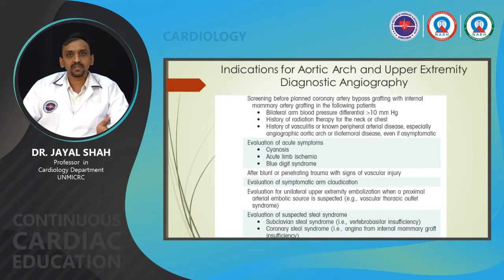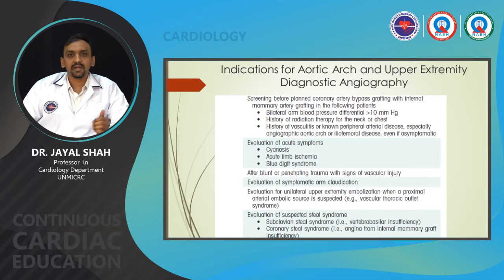So what are the indications for aortic arch and upper extremity diagnostic angiography? When you encounter a patient with a blood pressure discrepancy of more than 10 millimeters of mercury between the arms, or a history of radiation therapy to the neck and chest, a history of vasculitis or known peripheral arterial disease, or in the evaluation of certain acute symptoms, particularly acute limb ischemia, blue finger syndrome or cyanosis.